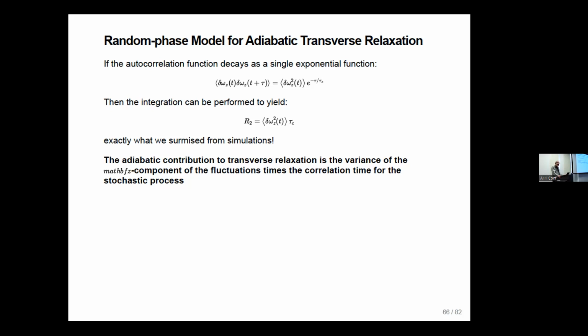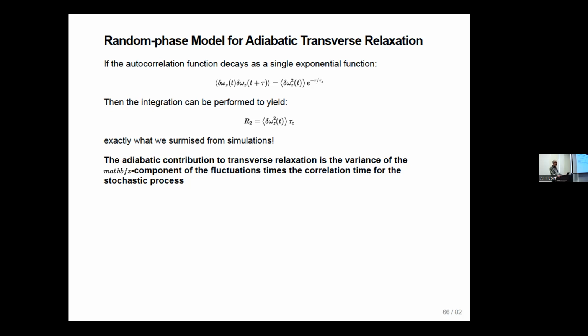More generally, the adiabatic part of R2 is the integral of the autocorrelation function for the Z fluctuations. A nice simple result. But again, we did it in this mathematical way because it's going to be useful for us in the future.